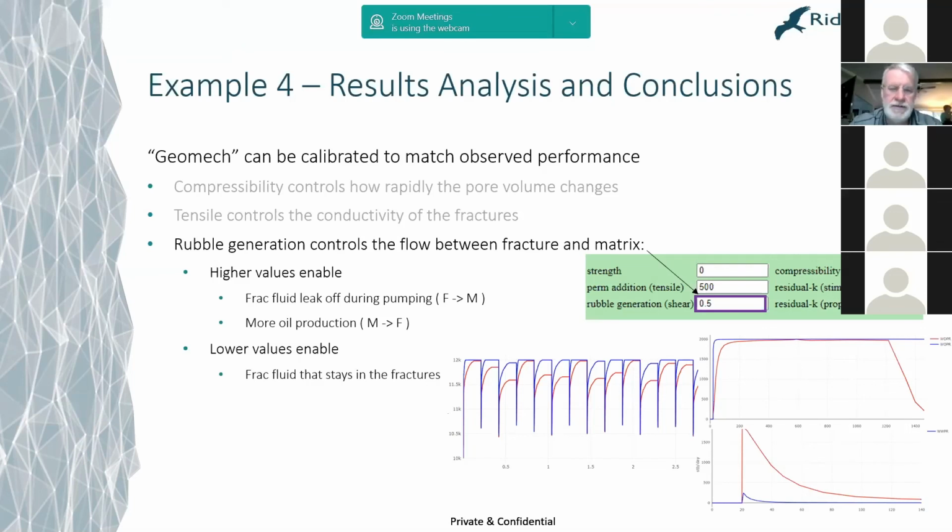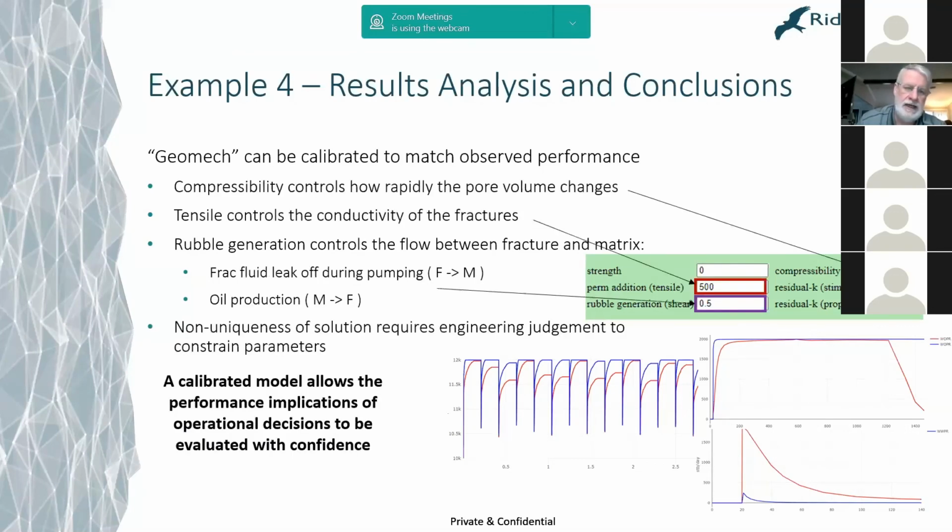So these are the parameters that we can use to build our model from something which we can run in, and it doesn't match well, to something which is tightly calibrated and gives us a good way of then testing different scenarios for how we're going to complete the next well, or a well in an analogous section a little bit off to the side or something like that.